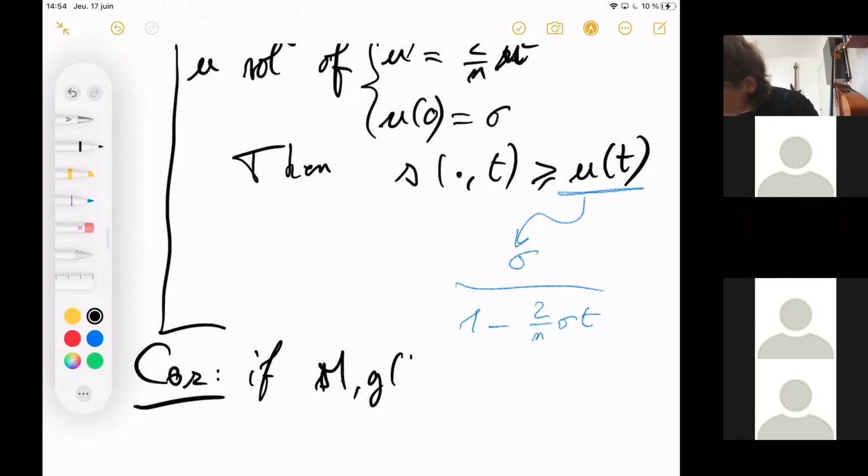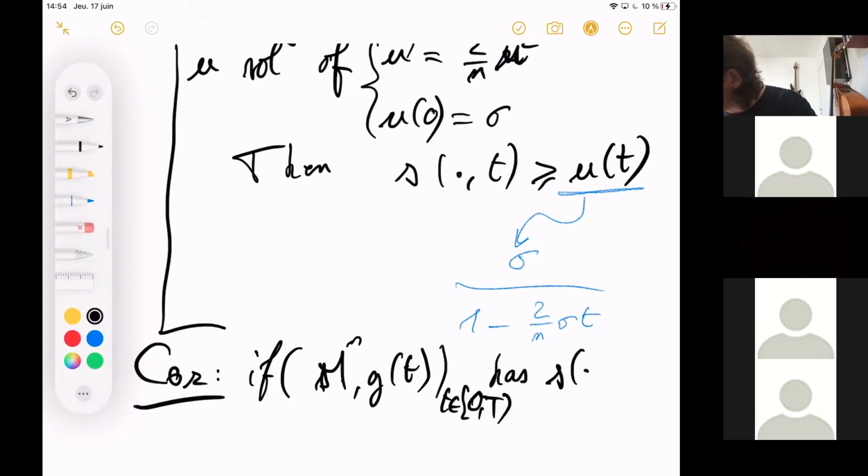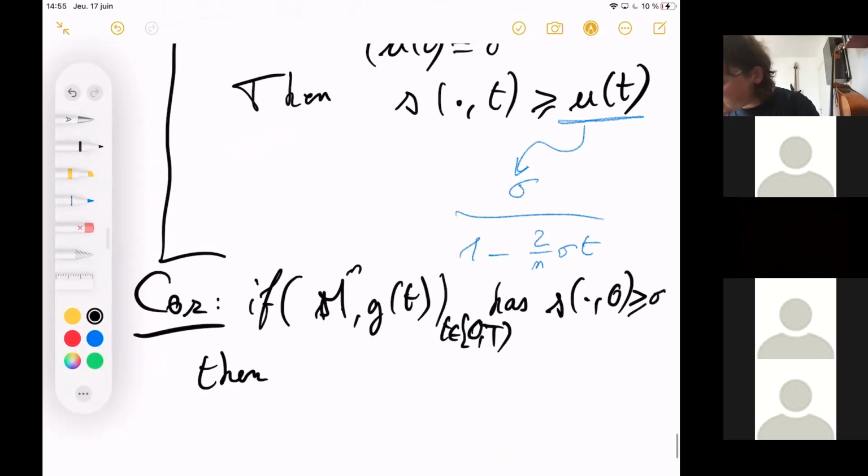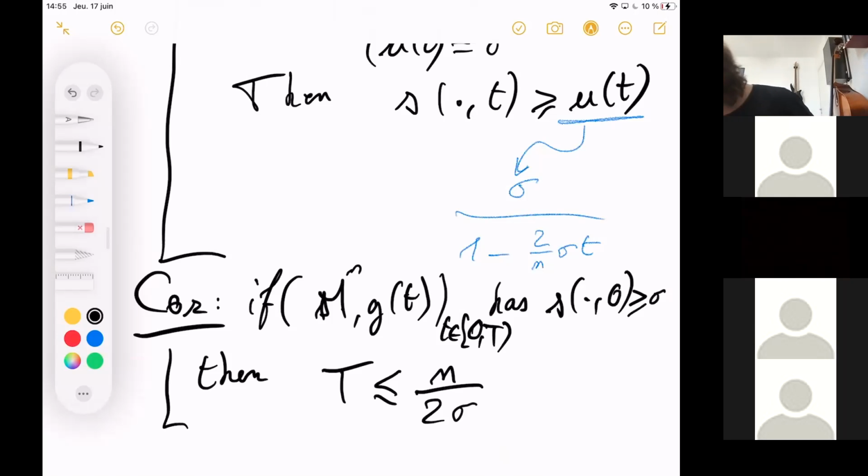So if I have a solution defined on 0 to big T, with scalar curvature at the initial time greater than sigma, then the existence time can be bounded above by whenever this lower bound for the scalar curvature blows up, which is n over 2 sigma. So if sigma is big, the existence time is very small.